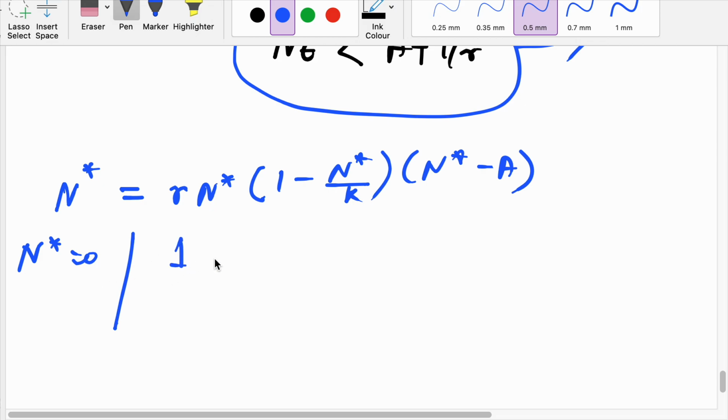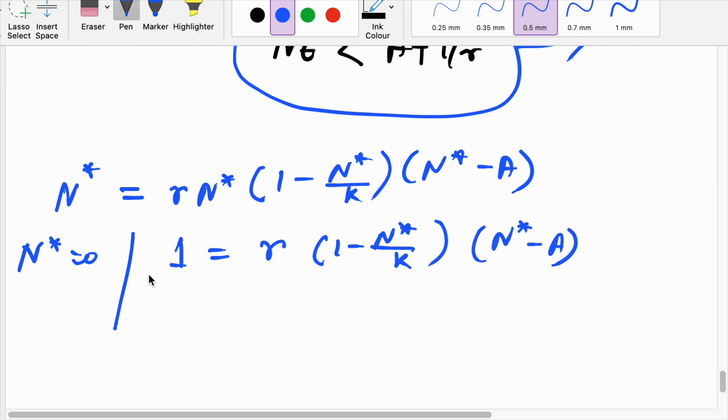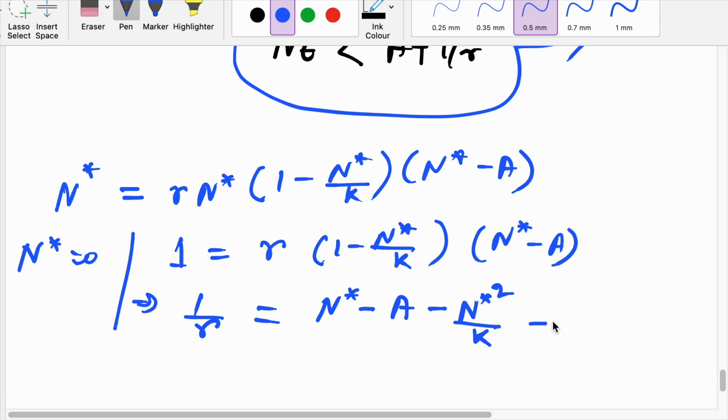Another fixed point will be where 1 minus n star by k, n star minus a, equals 1 by r. So this will be n star minus a minus n star square by k plus a n star by k.